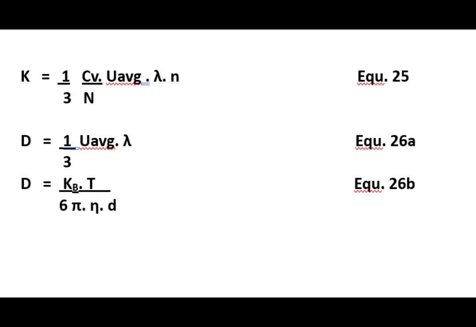When all units of these physical parameters are in SI units, the unit for the diffusion coefficient of gases will be square meter per second.